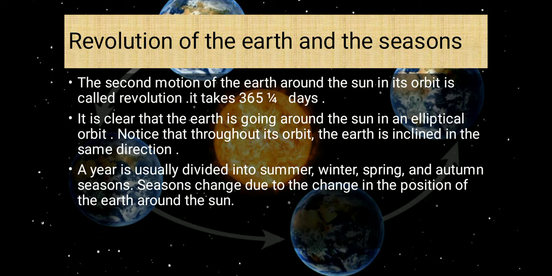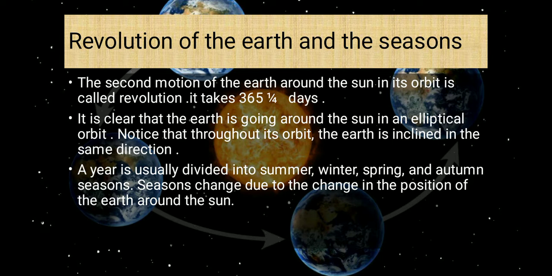But for our own convenience, we take only 365 days in a year and we keep safely those 6 hours for 3 consecutive years. On the 4th year, we add one full day when it becomes 24 hours. And that day is added in the month of February. So in a leap year, we have 29 days instead of 28 days in the month of February, and in a year, we have 366 days.